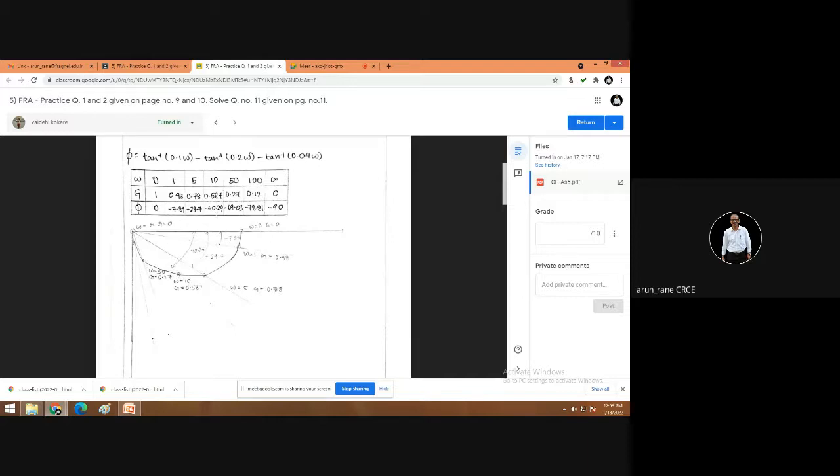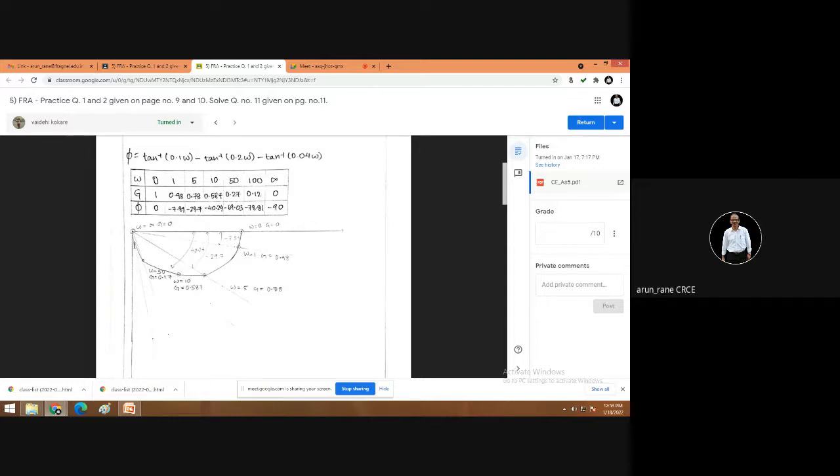Then next is G is 0.27. From here to here 0.27. Again write omega is 50 and G is 0.27, a little closer. This can be written from inside also if it is too congested.